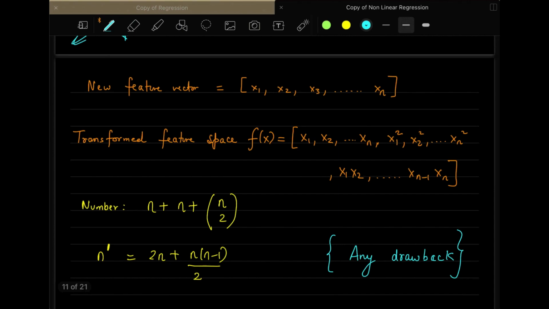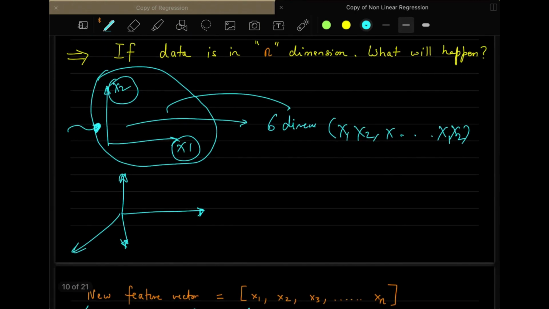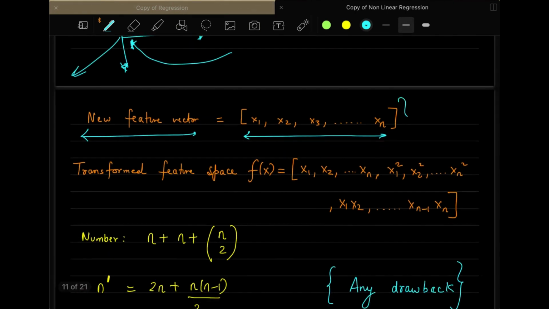So if you have a new feature space where you have an n-dimensional feature vector, which we are discussing right now, this case has n features. If you are transforming this feature space to this capital F(x), we are restricting ourselves to quadratic features for timing.